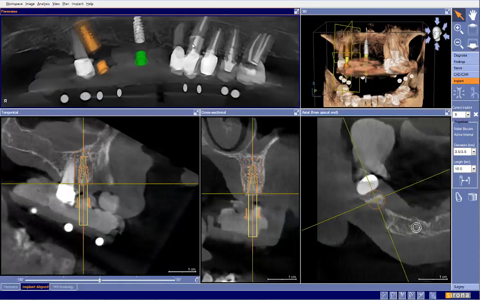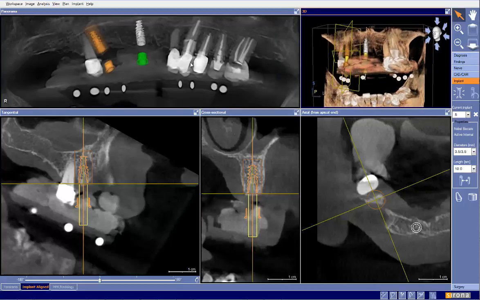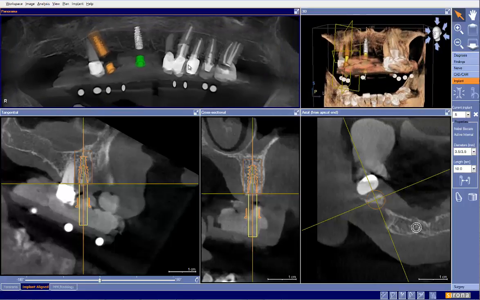So a couple of things, what I want to start with. First, great job on recognizing that this is a more complex case, a case that is more suited for the traditional classic guide. Also recognizing that CEREC data will likely not register in this particular case because of the number of existing circumferential restorations.